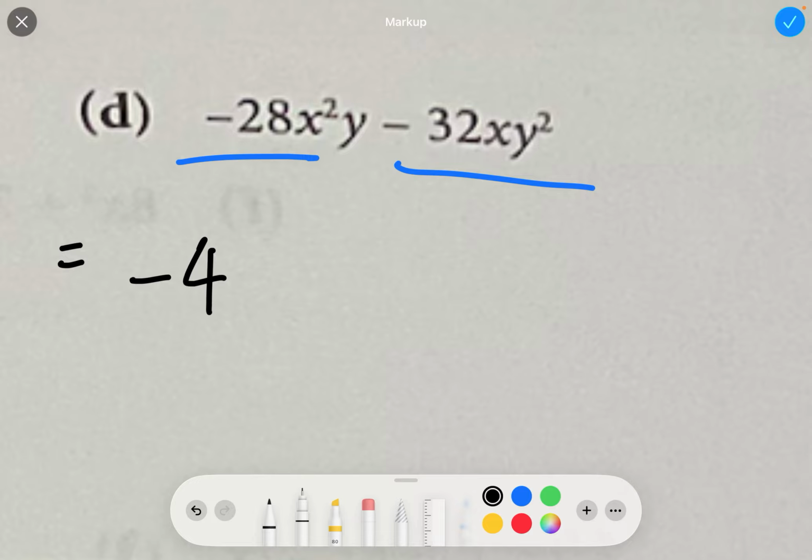So I can take out a 4. x squared and x both are divisible by 1x only. So I take out x. y and y squared, y is common. So my common factors are negative sign, 4, x, and y. These are all my common factors.